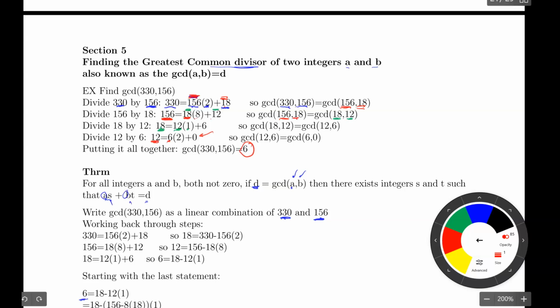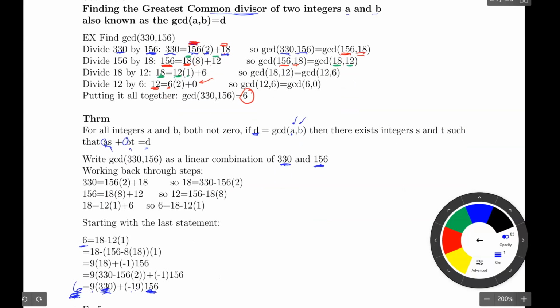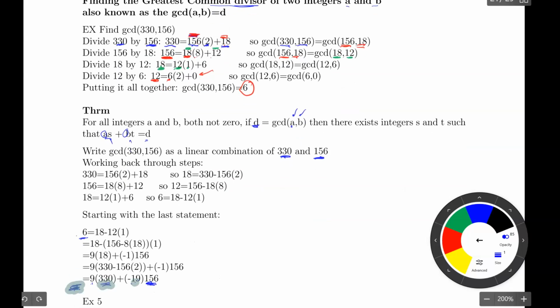So what do I do to work through these steps? I take this first step and write it here. I was just showing you how this works, but now I'll show how to get to the linear combination.